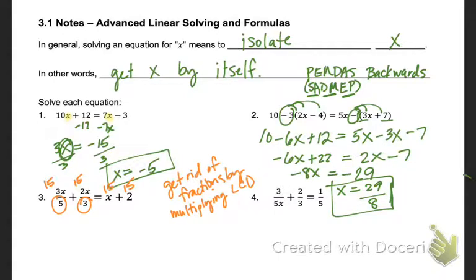Then I'm going to show you the long way, but I think you're going to prefer the short way better. If I'm multiplying this first term by 15, I've got 15 times 3x over 5. I didn't multiply it out, but you could have to get 45. But I'm just going to leave it unsimplified. 15 over 5 reduces to what? 3. 3 times 3x gives me 9x.